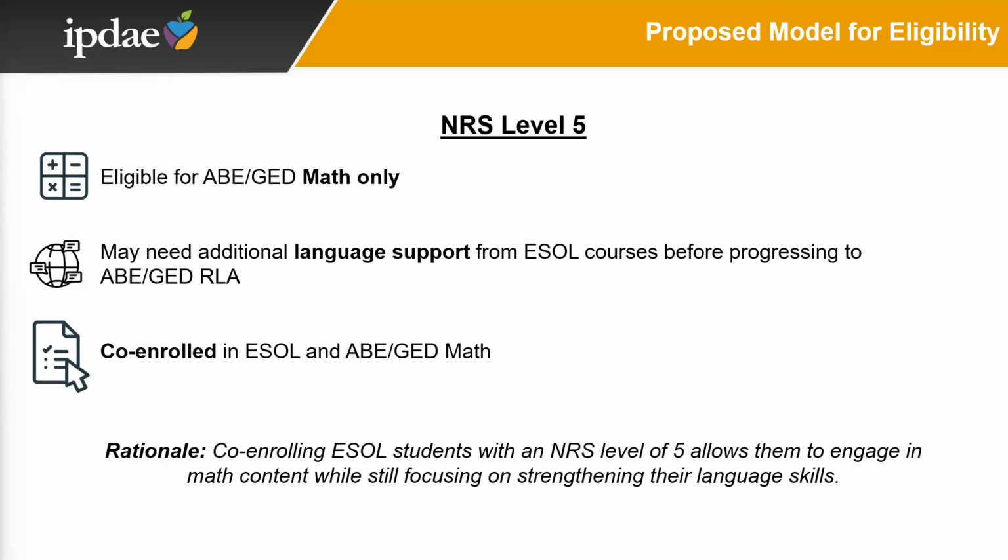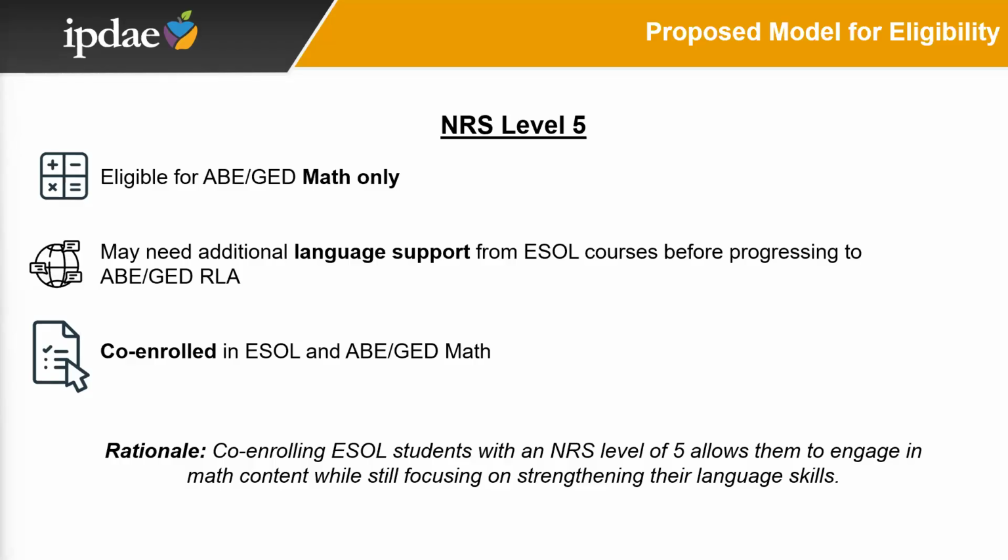Okay. And the reason is this allows them to begin tackling the subject content in math while continuing to strengthen their English skills. Okay. It's a strategic approach offering them access to GED level math while still giving them time to build the language proficiency needed to handle the full range of GED subjects later.